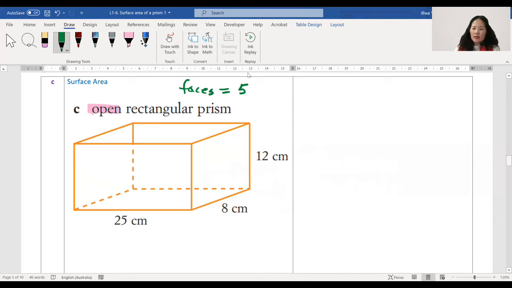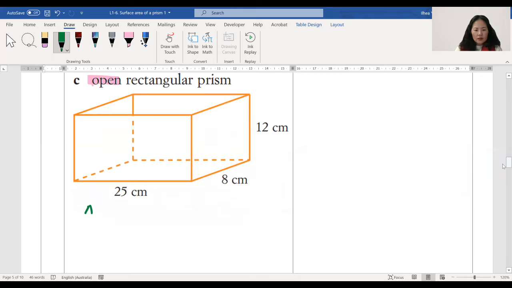Let's have a look. The first rectangle is going to be just the bottom, isn't it? Because the top is missing. The bottom is this one we're talking about, and that's 25 centimeters and 8.